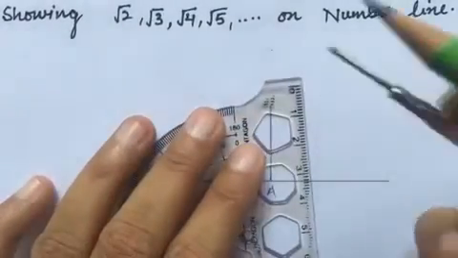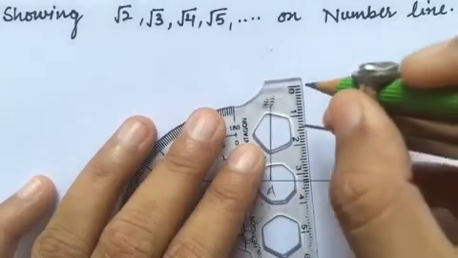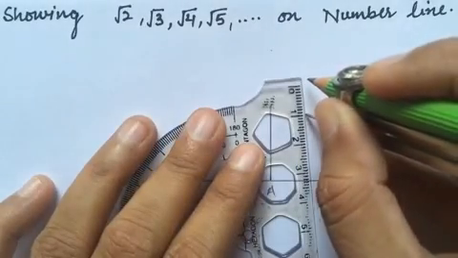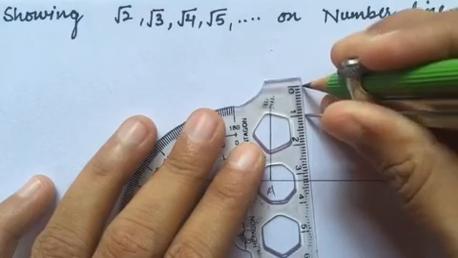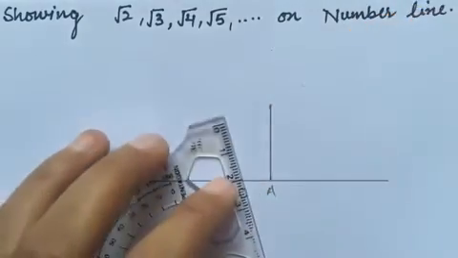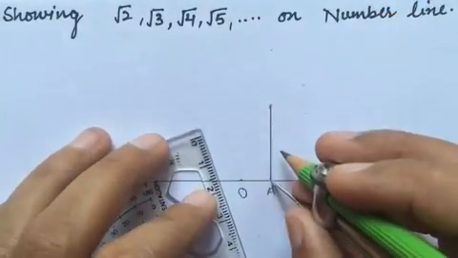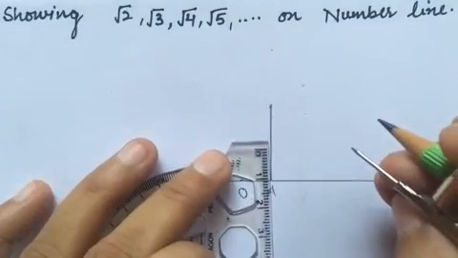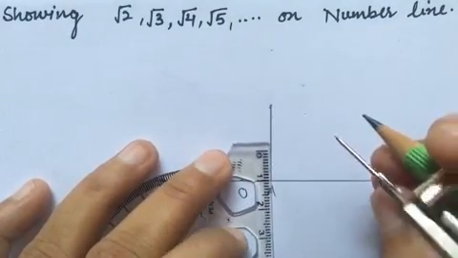1 centimeter is given on my protractor, so I will cut 1 centimeter from here. You can also cut like this if you don't want to use your compass.